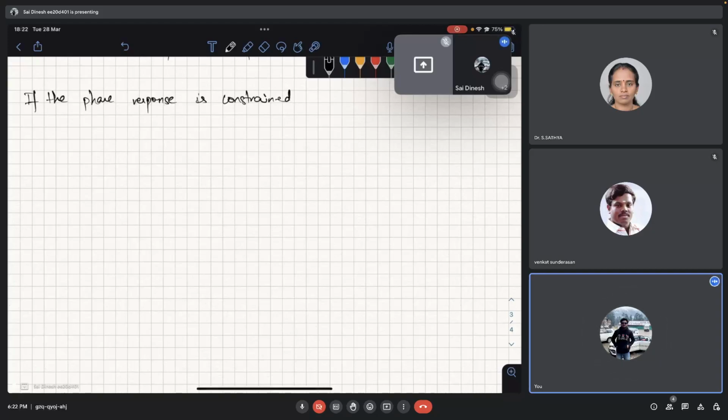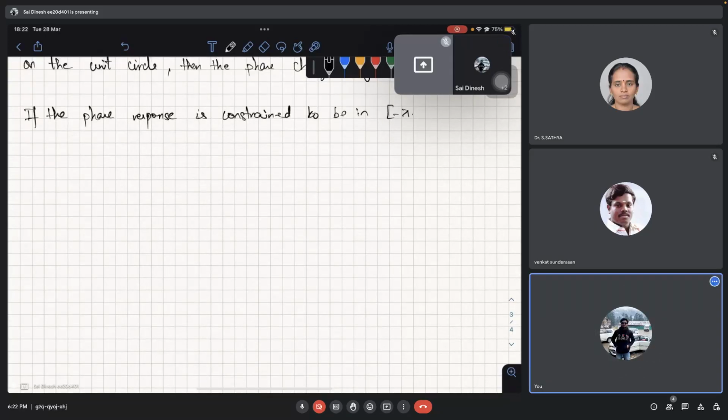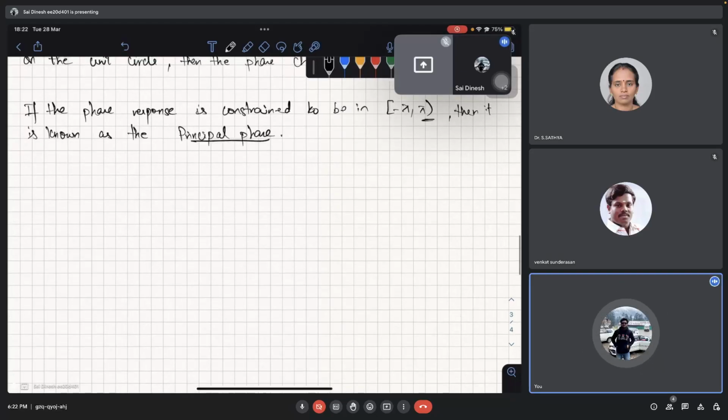Yes, I'm sorry. So when the phase response is constrained to be between minus pi and pi, it is called the principal phase, and it is denoted as capital ARG H(e^jω).